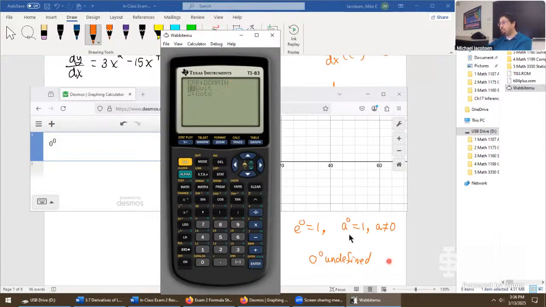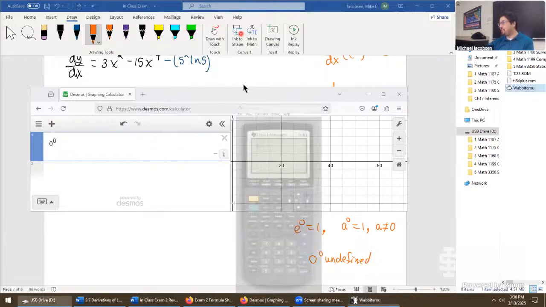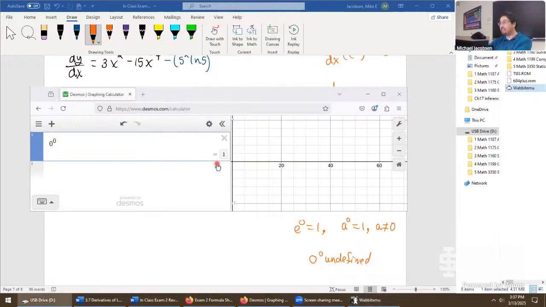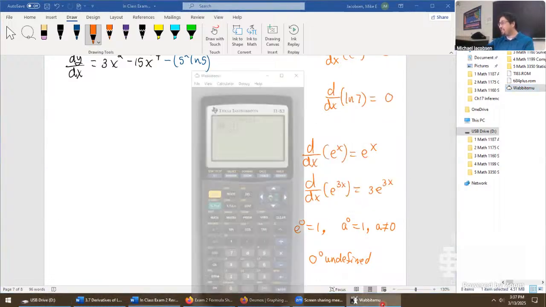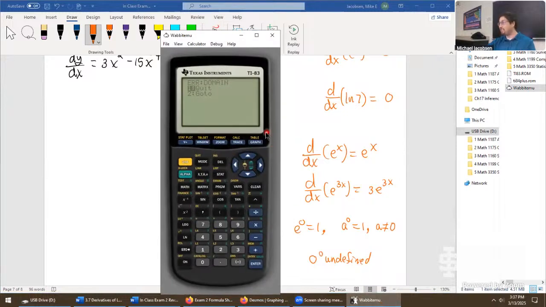This calculator is more about calculus, it turns out. And this is a standard assumption until we're told otherwise by convention to treat it as 1. And that's what Desmos is doing. They're saying by convention it equals 1. But there is still really good reasons it should be undefined. I think the calculator has the better take on this, the TI-83.